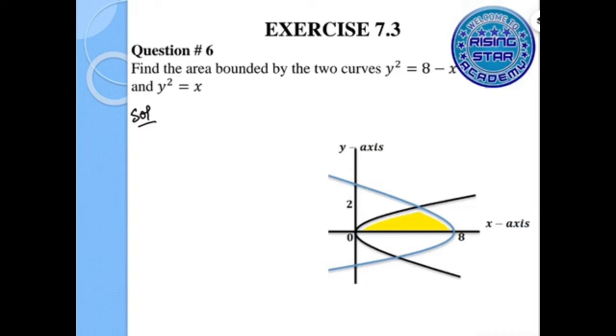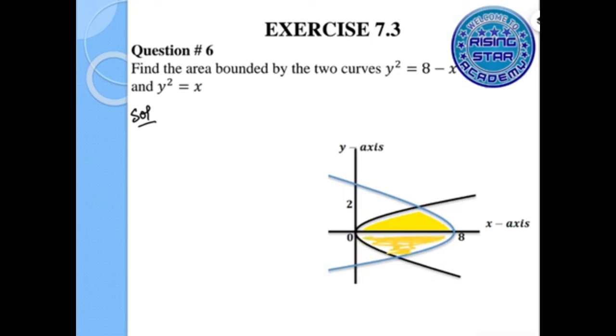In question number 6, we have two curves and both curves are along y-axis. So it means here we would use the formula along y-axis to solve the area between the two curves. So this part and this part, the whole area would be considered to find out.